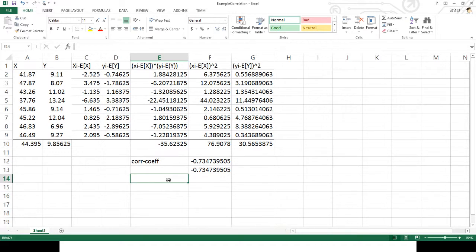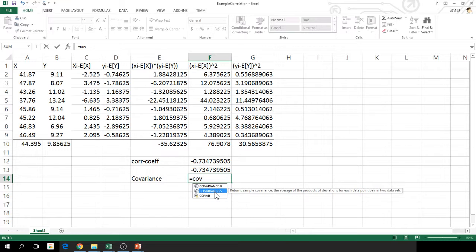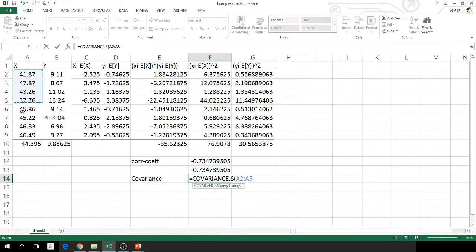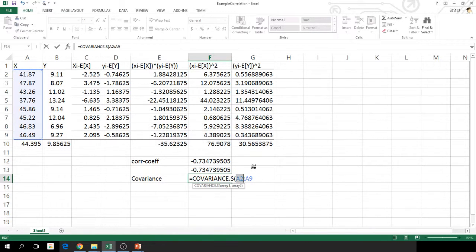If you want to calculate the covariance, then you just use that covariance function. So sample covariance, for example, between X and Y. So then that is covariance.